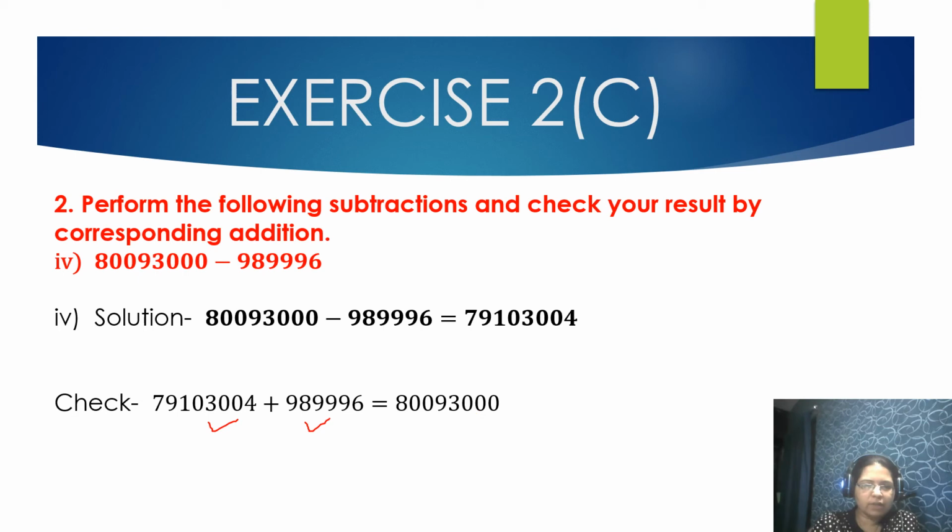So 8 crore 93,000 minus 9,89,996, we get 7 crore 91 lakhs 3004, and we'll check this result by 7 crore 91 lakhs 3004 plus this number 9 lakhs 89,996, and we get this number 8 crore 93,000.